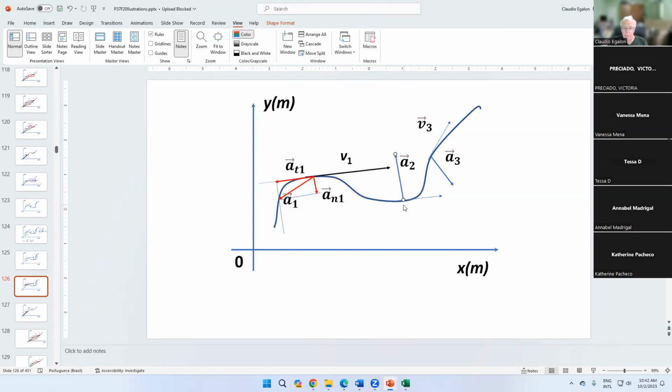The tangential component is always in the direction of the velocity vector. But the way I illustrated it, this one has a very small tangential component. Most of it is radial. It's not exactly radial because it's pointing towards the center, so it's minus the radial direction. And here too.